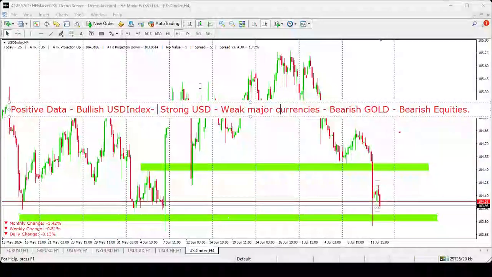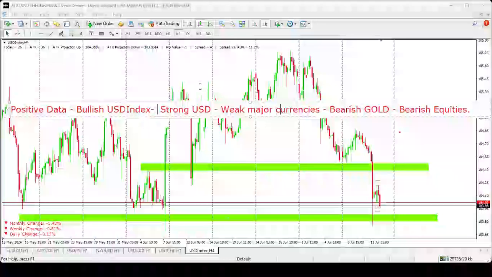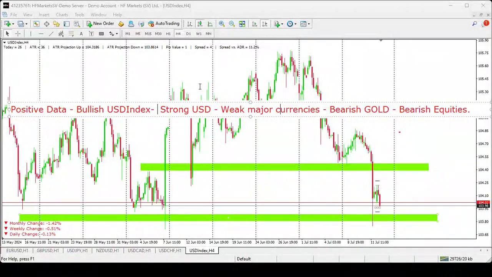In case you don't know, you can actually trade the strength and weakness of the dollar without worrying about the performance of an opposite currency if it was a currency pair. When I expect dollar to be strong, I can be buying USD index. When I expect the US dollar to be weak, I can also sell USD index without worrying about the performance of an opposite currency.